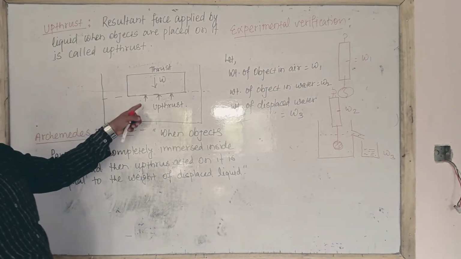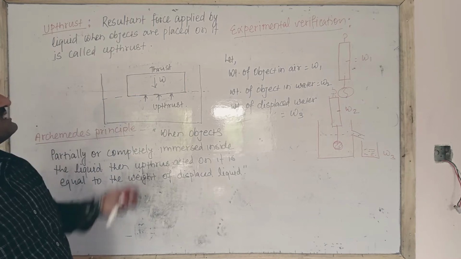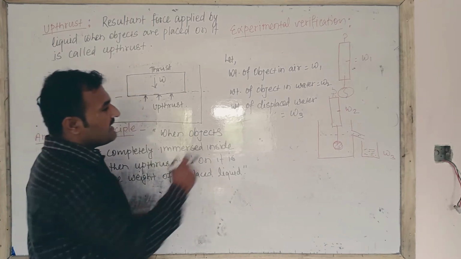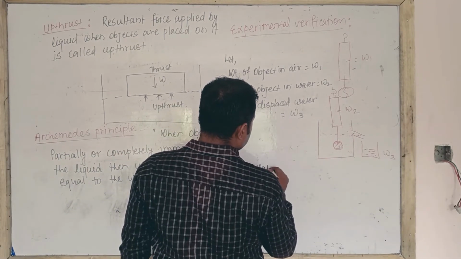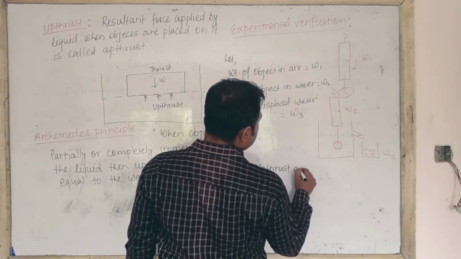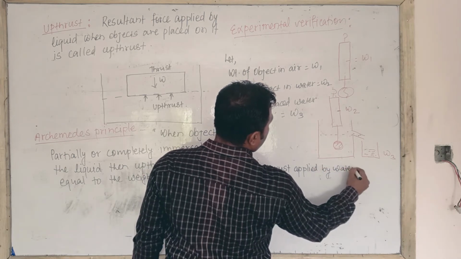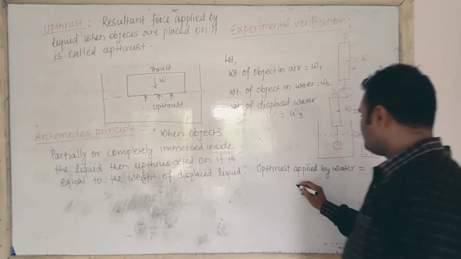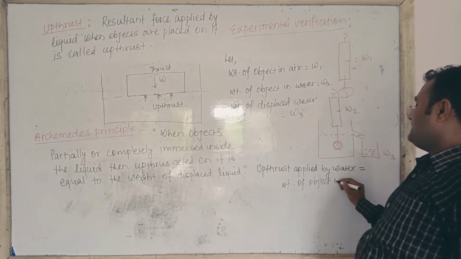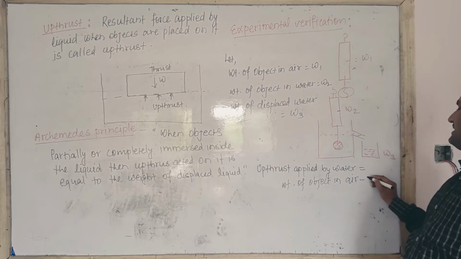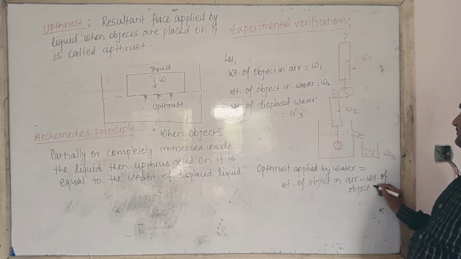And here upthrust is the resultant thrust applied by water, which is in the opposite direction of thrust, and therefore what we can write here: upthrust applied by water equal to weight of object in air minus weight of object in water.